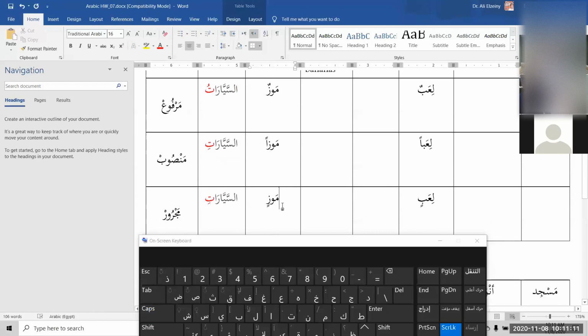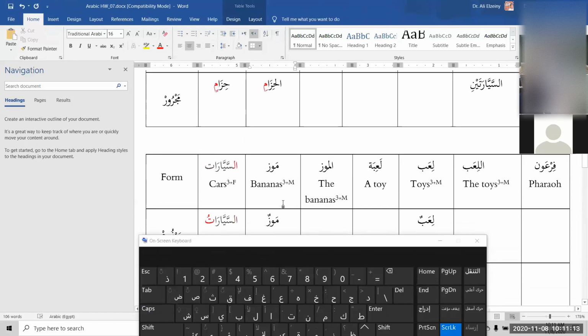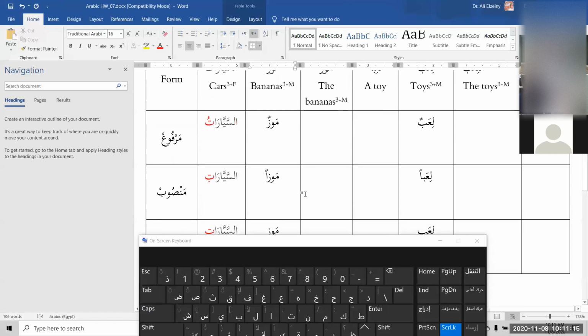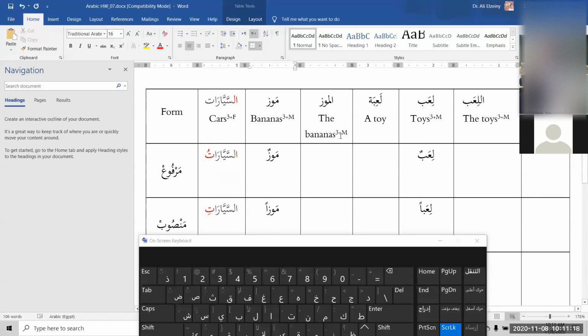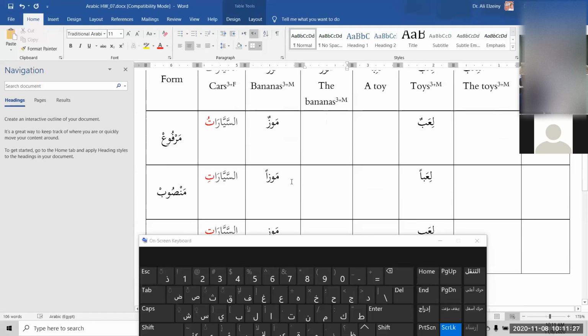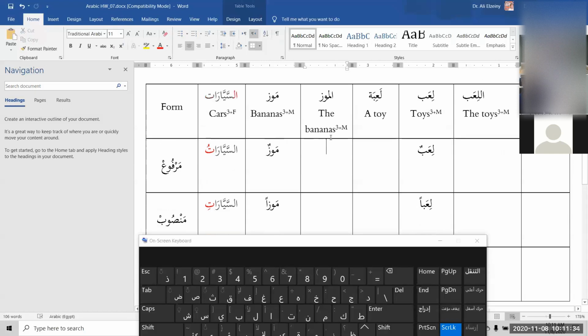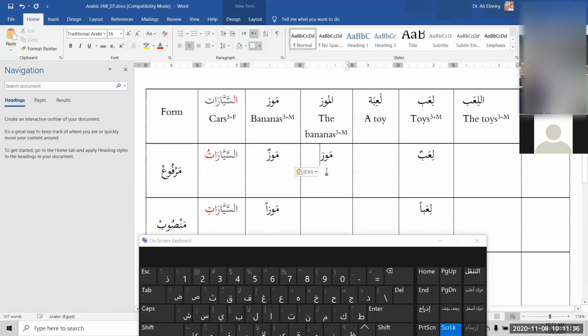Now let's try what happens if it's the bananas, not bananas. Then we'd add alif lam. This takes alif lam here.